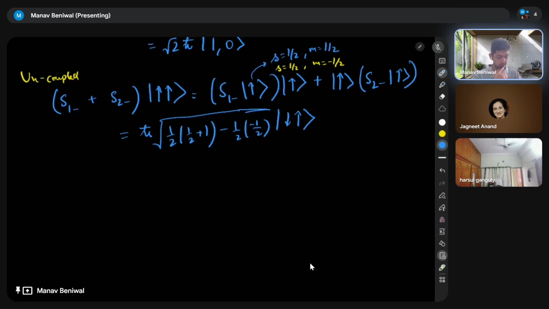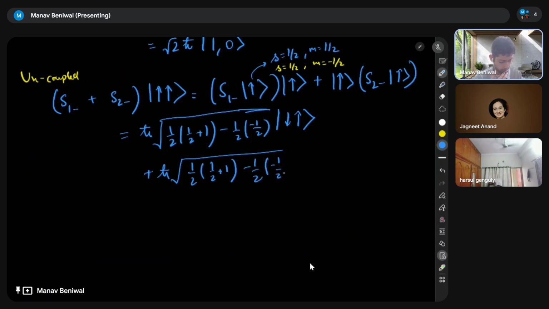Okay, right. So the first term is giving this, and the second term, h cut, will be the same, because again we are doing the same operation on up spin, so we get the same half, half plus 1, minus half.